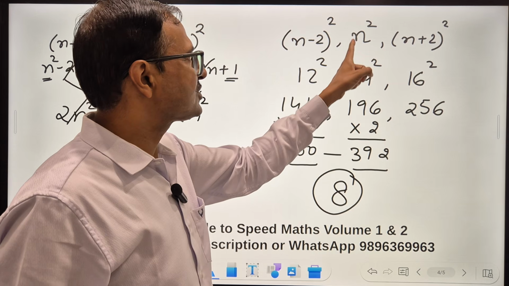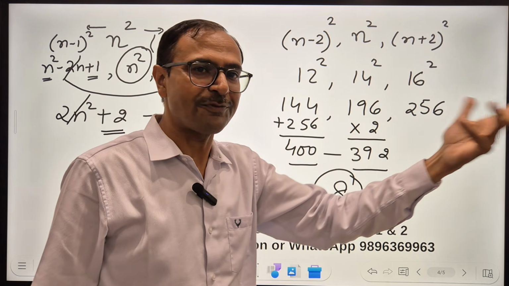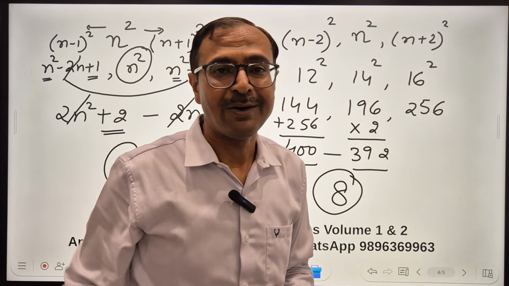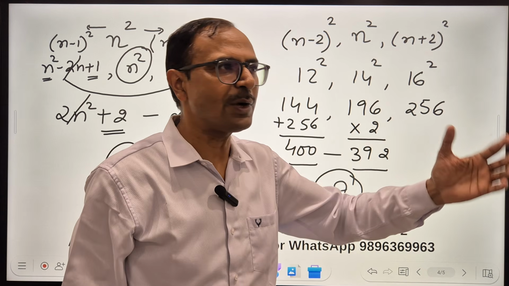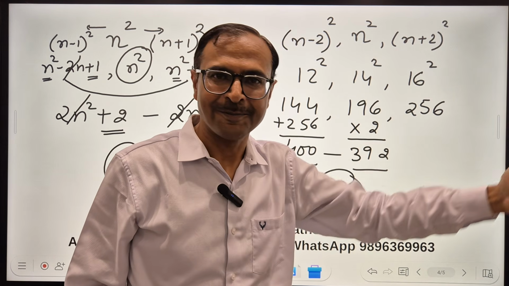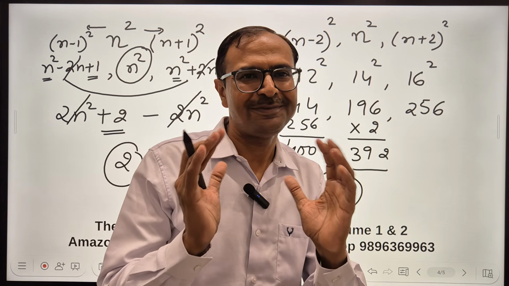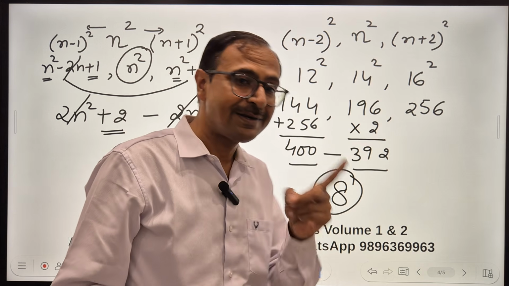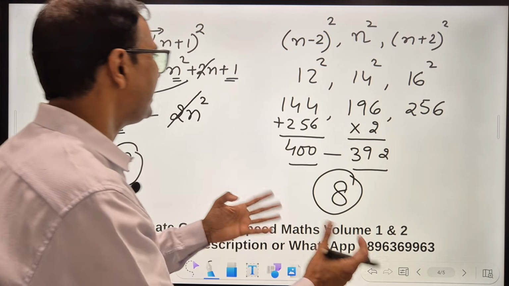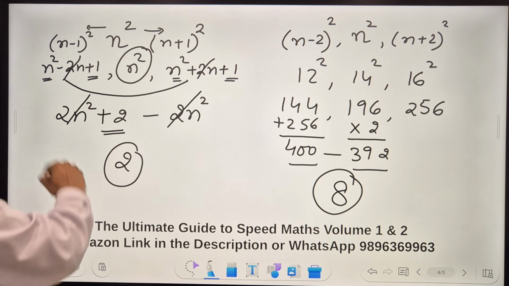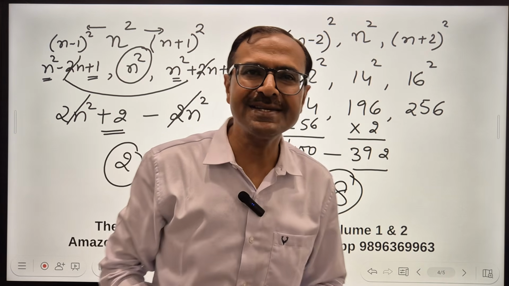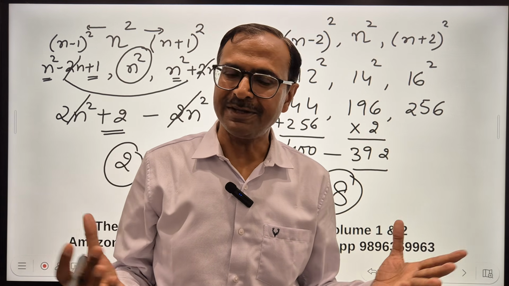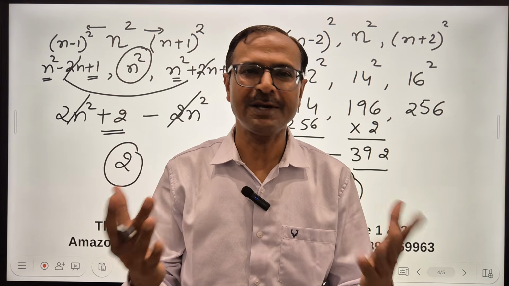When you take consecutive squares of even numbers, or squares of odd numbers like 11 square, 13 square, 15 square, or maybe in hundreds, 133 square, 135 square, 137 square, any set of three consecutive squares, you will always get the answer as 8. And you can very easily derive this result using the approach which I showed you here. Now that is the beauty of maths. You start observing, you start realizing that mathematics is full of such amazing concepts.